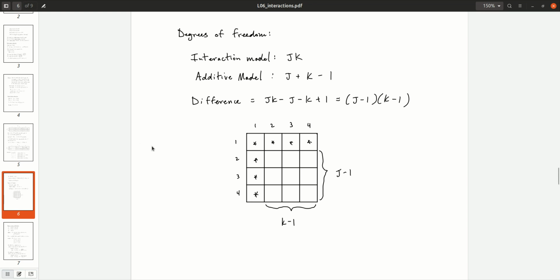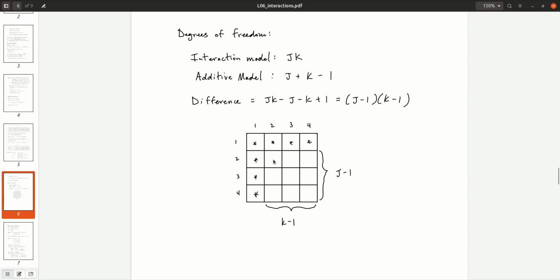So if you go to do an F-test to compare the additive model to the interaction model, you're going to need to know the difference in the model degrees of freedom for these two models. If you just take the difference, you get jk minus j minus k plus 1. And it turns out you can factor this nicely as j minus 1 times k minus 1. And if you stare at the table, this makes perfect sense.